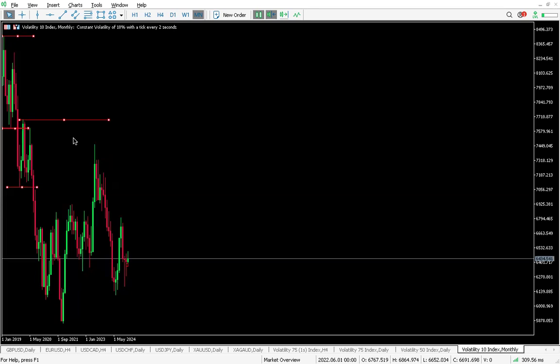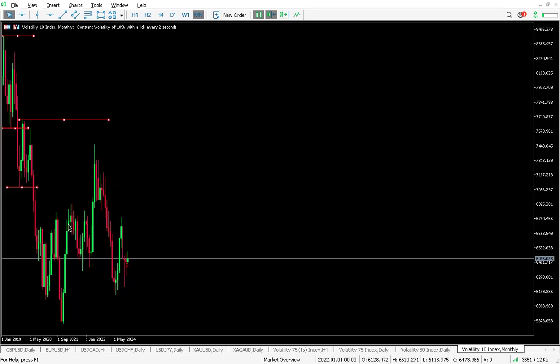So that's the whole concept of market structure. Because we have a break to the downside, we expect another break to the downside, which is another step down. But if it is up, we expect another step up. So that is a simple explanation of that.